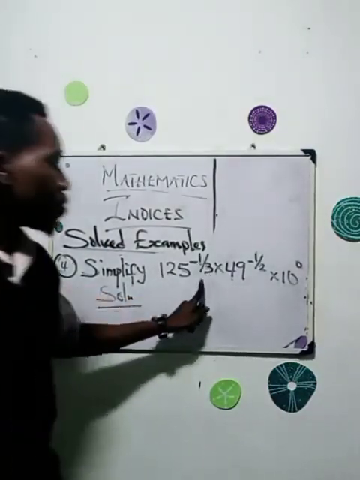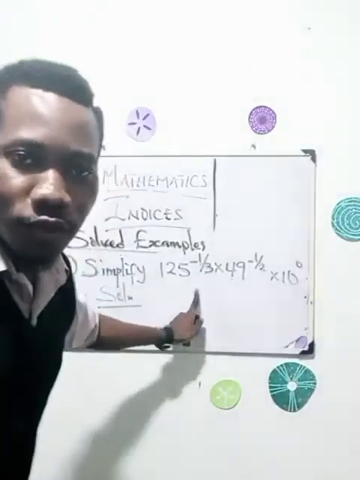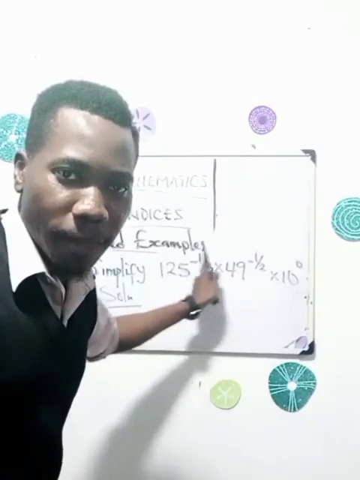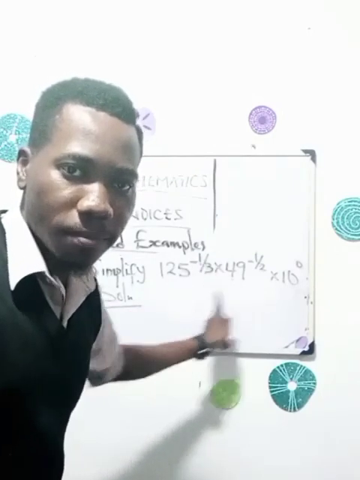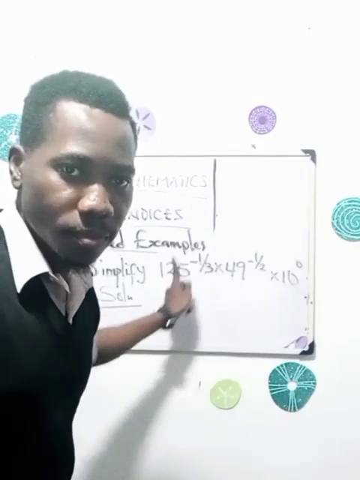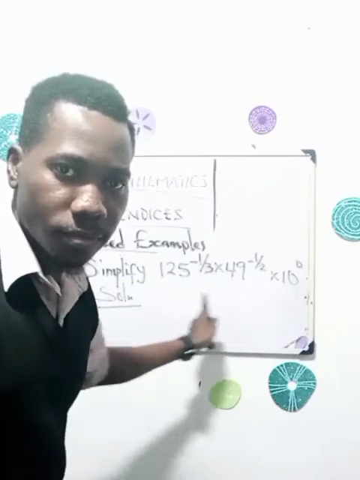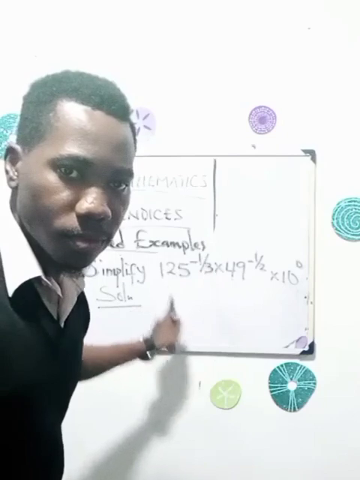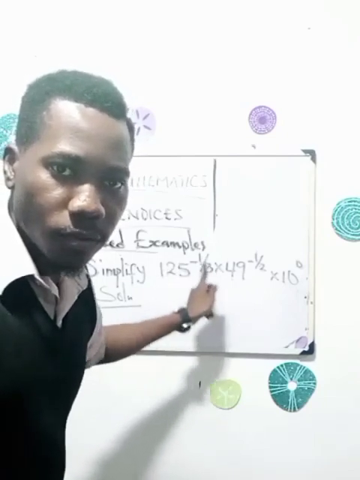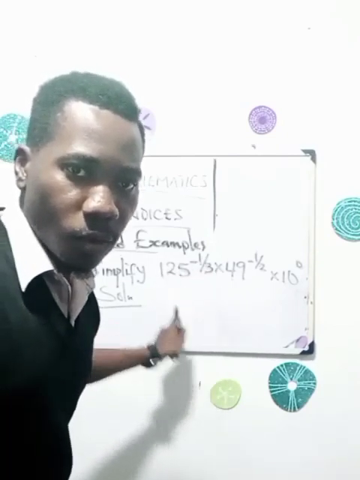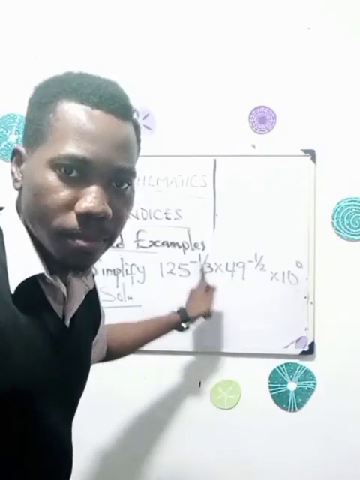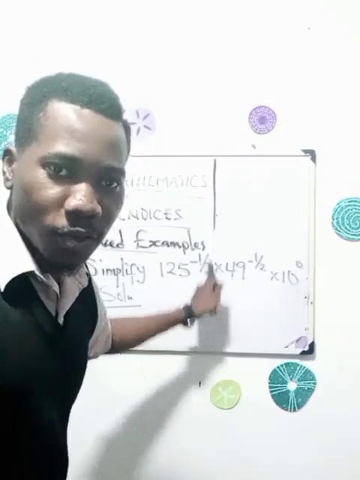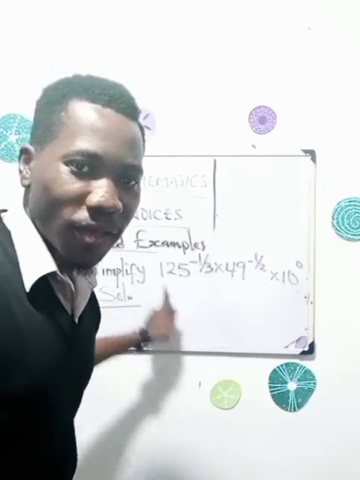So, someone should help us. What will happen to this? What will this become? 125 raised to the power of minus 1 over 3. What will it become? Now, I'm not asking for the final answer.